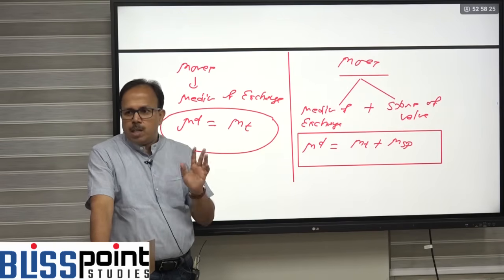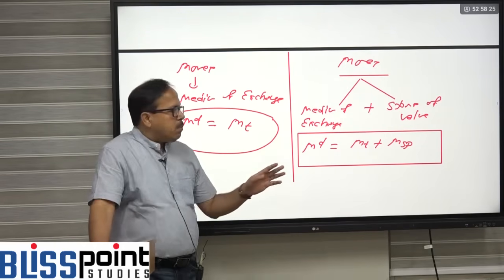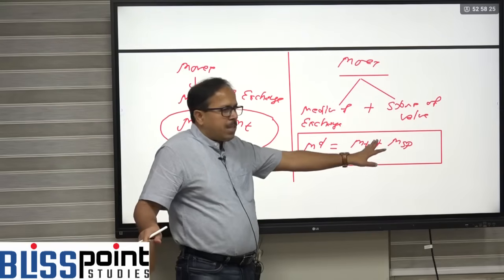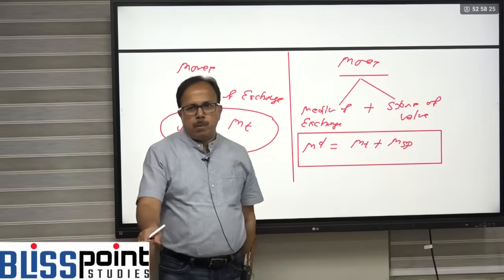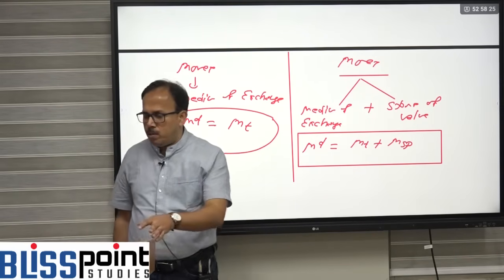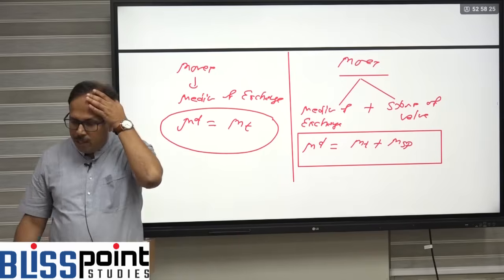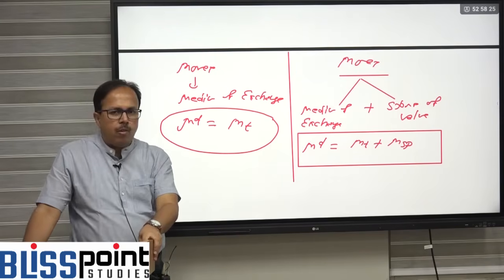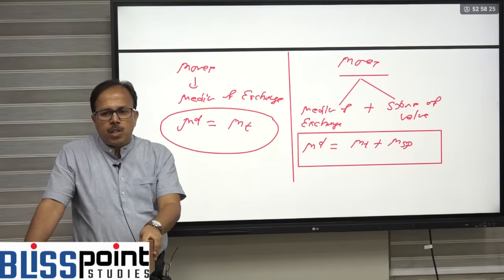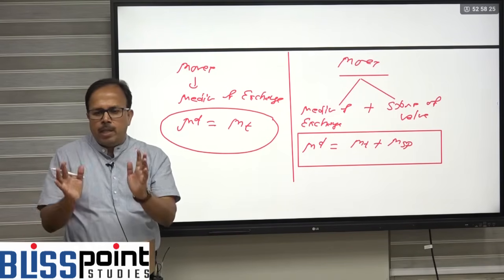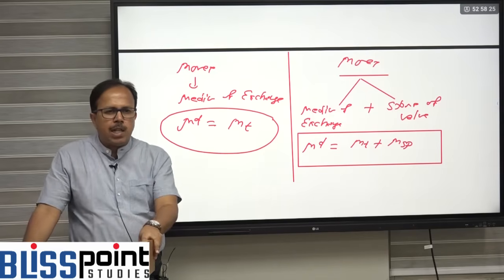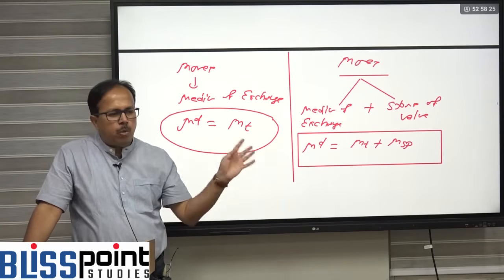Money is held only for transaction purpose. In Keynes, money is held for transaction purpose as well as for speculative purpose. So it is acting as a medium of exchange and store of value. Just I am giving you a hint कि what are the differences between the classical and Keynesian. ये सारे पॉइंट आपको काफ़ी डिटेल में पढ़ने हैं.